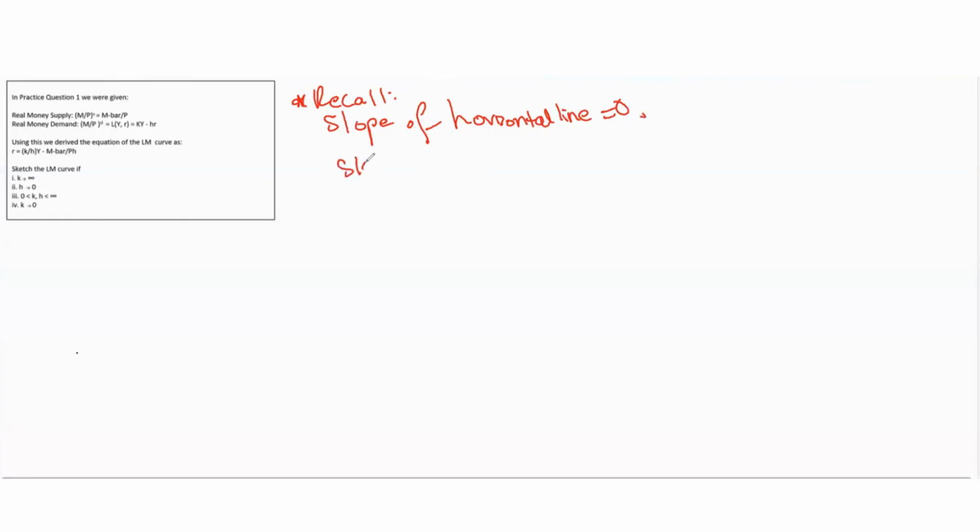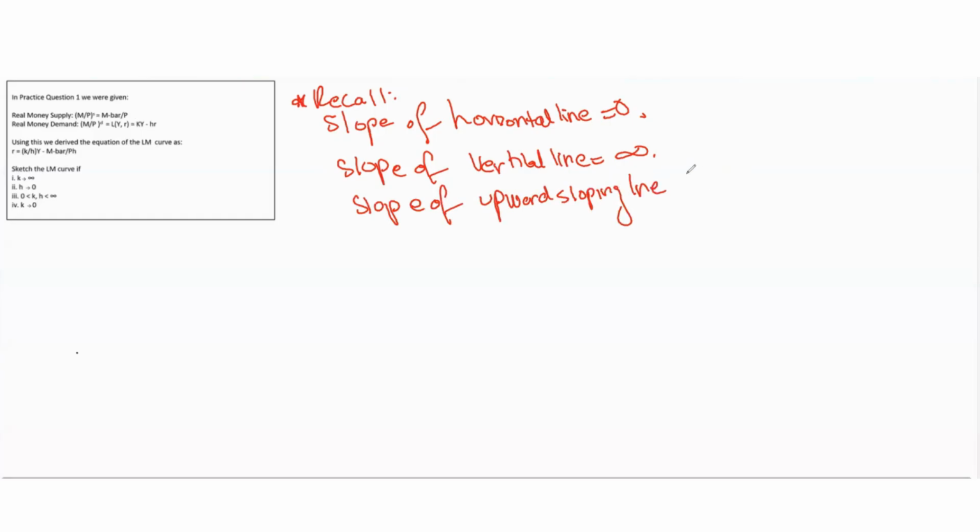The slope of a vertical line is infinity. The slope of an upward sloping line is greater than zero. The slope of a downward sloping line is less than zero.